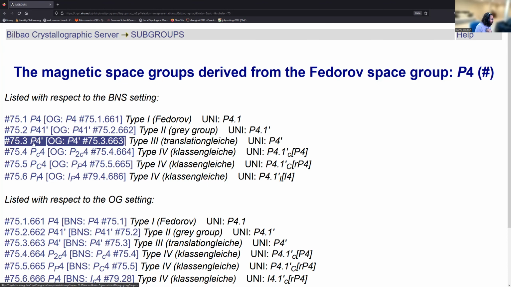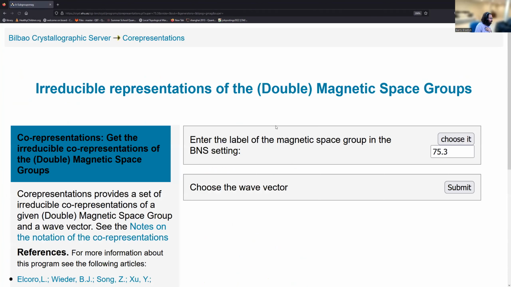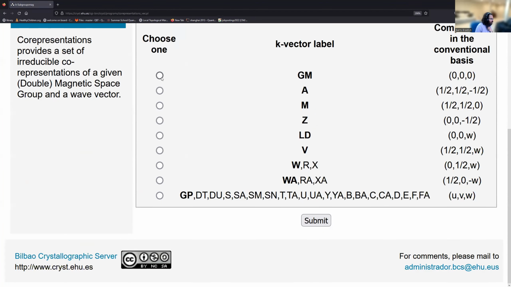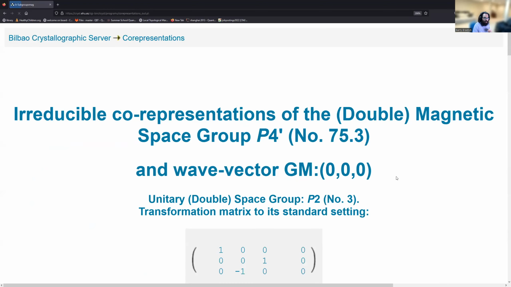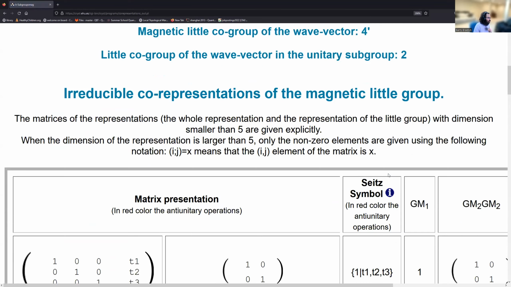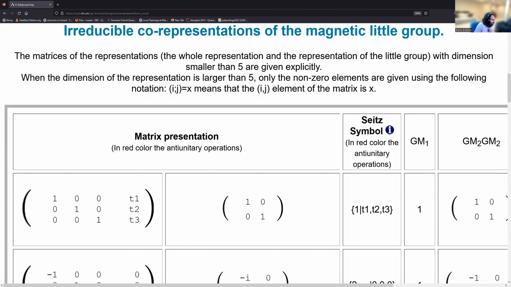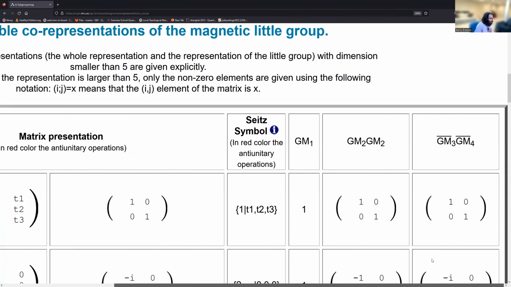So we'll click on it. Now we can choose our K point, and we'll choose the gamma point. And we get a nice table with the labels of the irreducible co-representations.